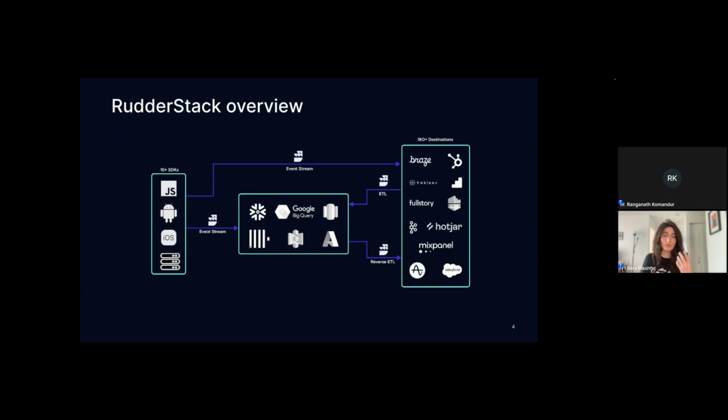Now, with a combination of Event Stream, which operates more on a real-time basis, and ETL, which operates on a batch basis, we can get data for users of our platform from different sources and centralize it within the data warehouse to get a full picture, a more 360 view of our customers and users.